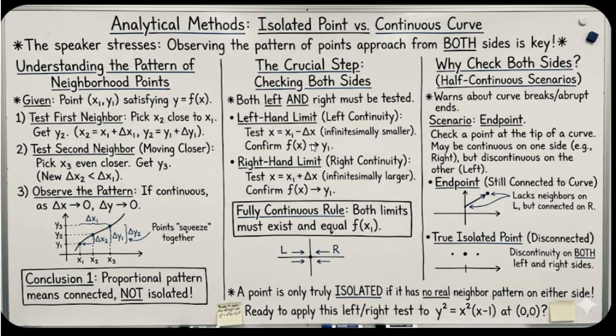Then only you can say so. Even if you get a finite number, if it is not closer to y1, you cannot say those are neighborhood points. Try to understand, it should be closer to; that's the reason all those things happen in a continuous function. Okay, this is how we can understand.